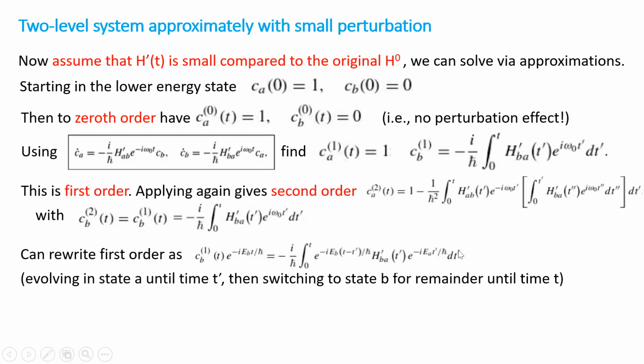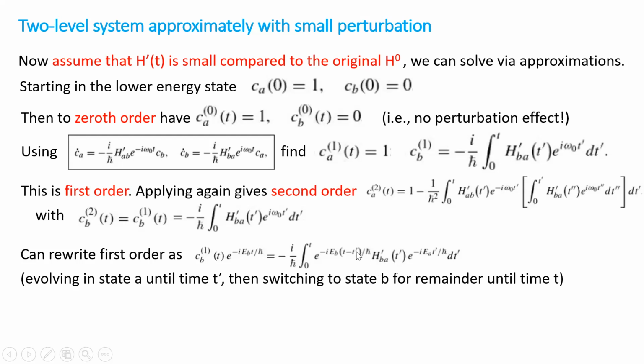This has an interesting interpretation. Reading from right to left, we have the evolution operator in state A, e to the minus i E_A t over h bar, up until t prime. Then at t prime, we have this switch from A to B. So this switches states from A to B at time t prime.